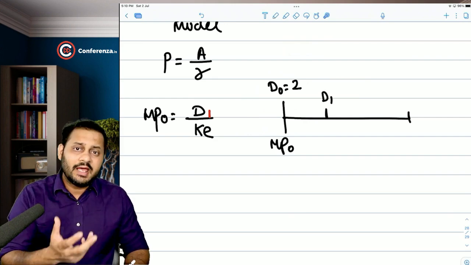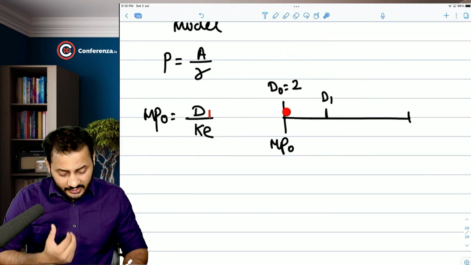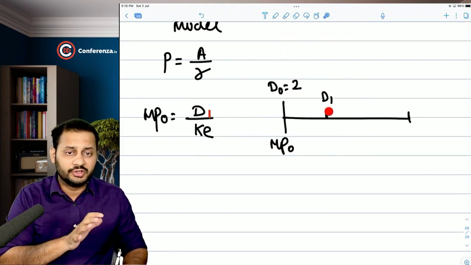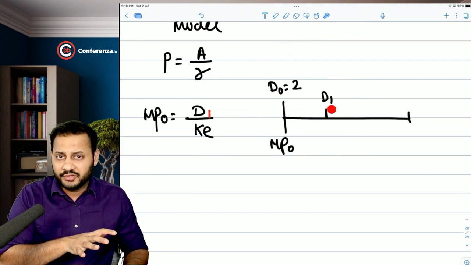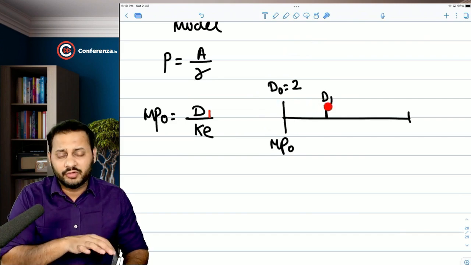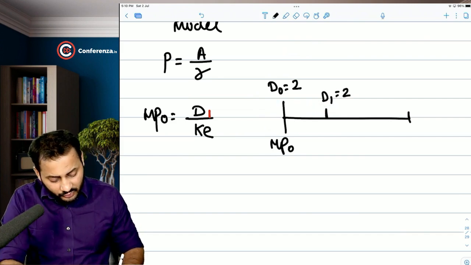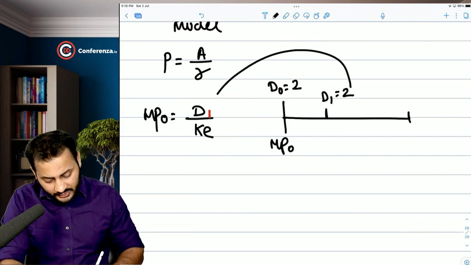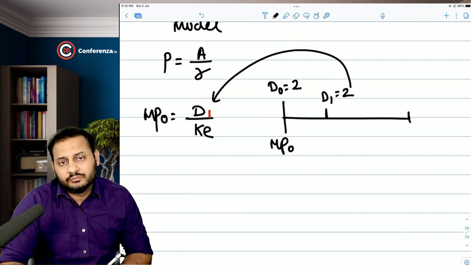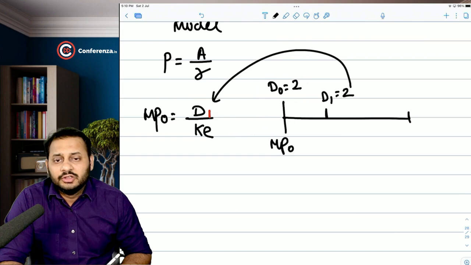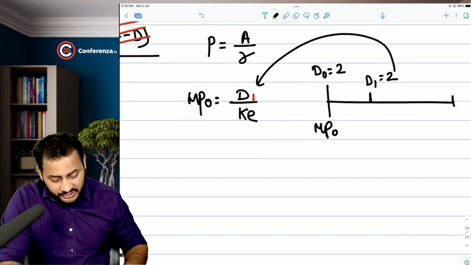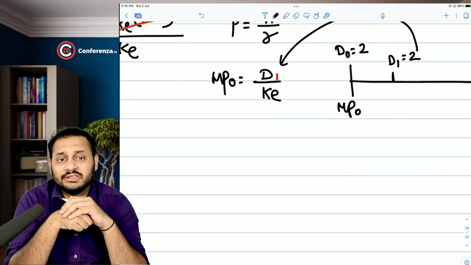Now it may happen that the company says there is no growth or no change in the dividend from 0th year to 1st year. At that time D1 will also become 2, and that 2 will be kept here. But if there is a change in the dividend, we need to change that amount.